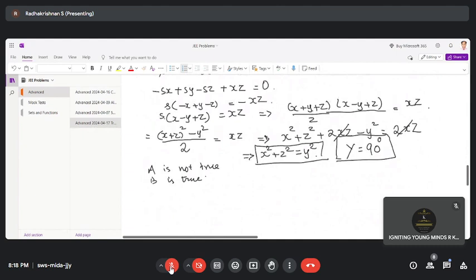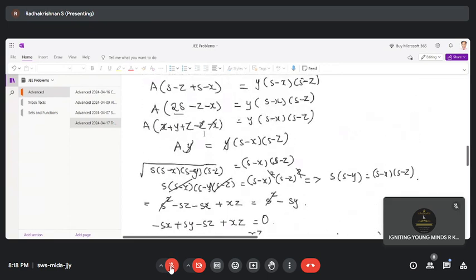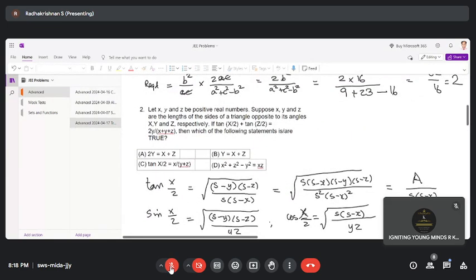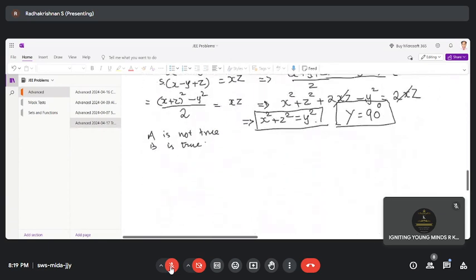We already got Y square equal to X square plus Z square, so X square plus Z square minus Y square is 0, not equal to XZ. So D is also not true. We have eliminated three options.